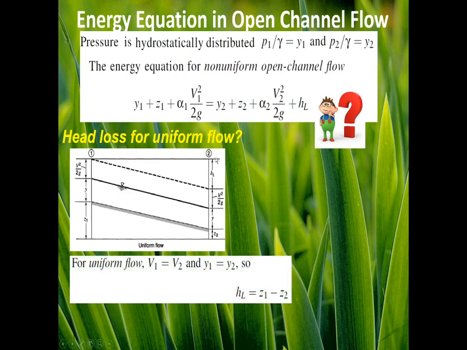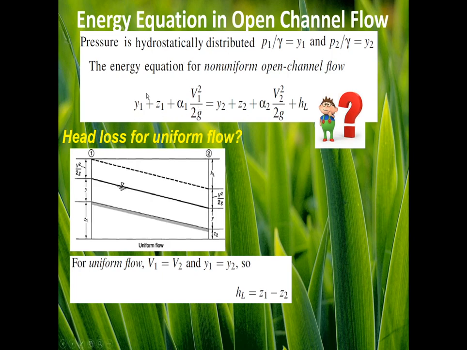Okay, for the case of uniform flow, we know that y1 equals y2, and therefore velocity at this point equals velocity at the second cross section. Therefore, what will happen in this equation?